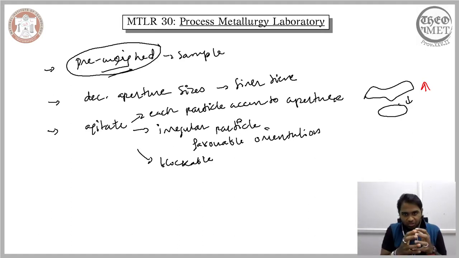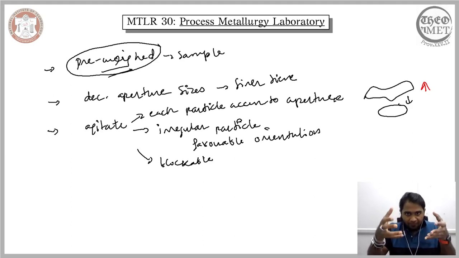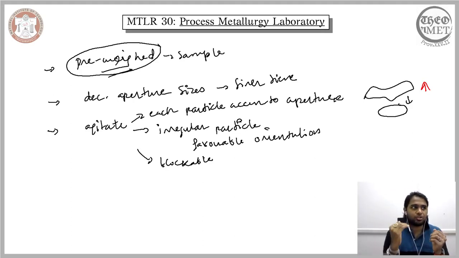So the overview of sieve analysis is that we introduce a pre-weighed sample to the initial sieve of the maximum aperture size, and then you have follow-up sieves that have reduced aperture sizes compared to the initial one, and then you agitate each of these sieves so that every particle has access to the aperture, a favorable orientation is achieved by every particle so that it can pass through the aperture, and finally any blockade is released.